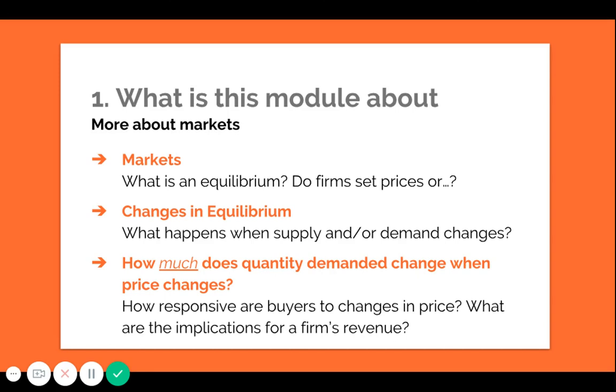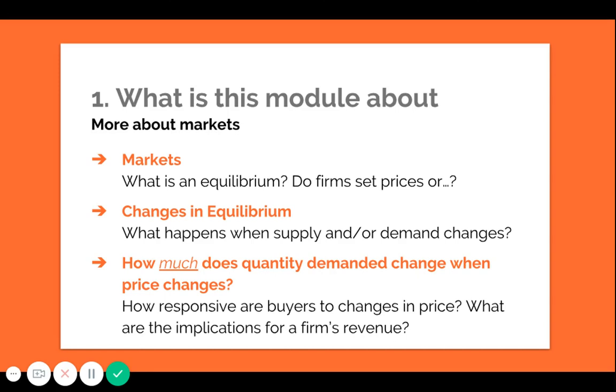Finally, we're going to move on from markets and begin to explore a new tool called elasticity. So before in markets, when we have changes in markets, we could say that quantity changes or price changes, but this will get a little bit more robust information. For example, how much does quantity demanded change when price changes?